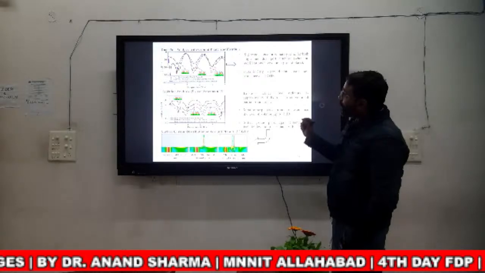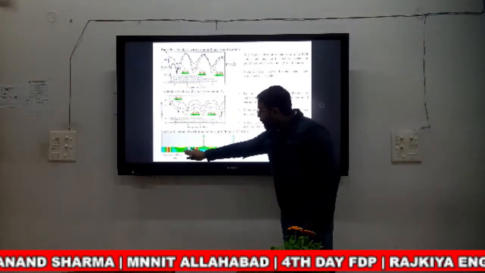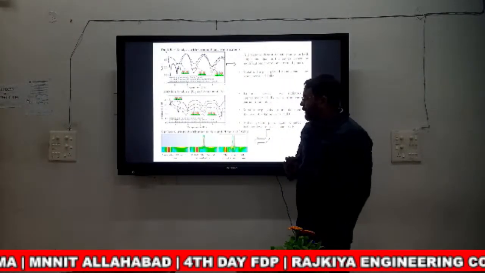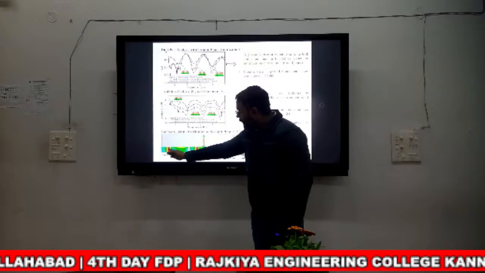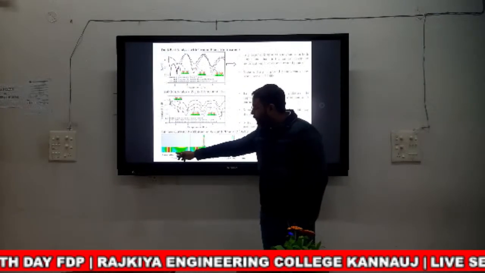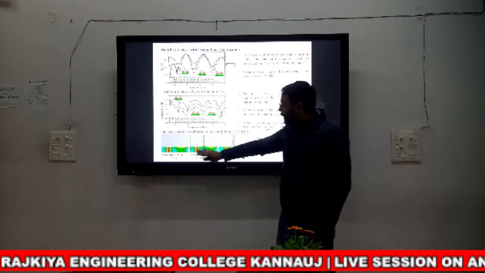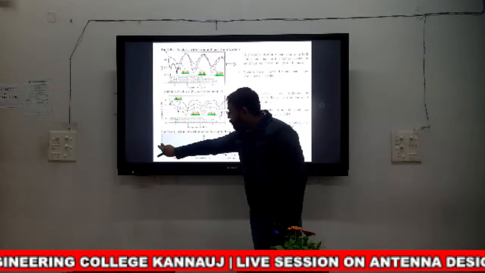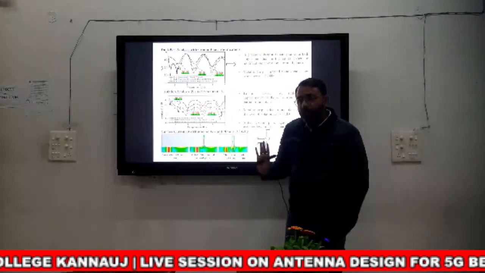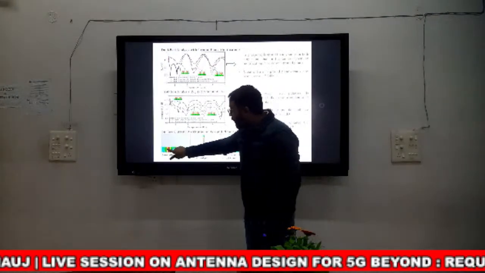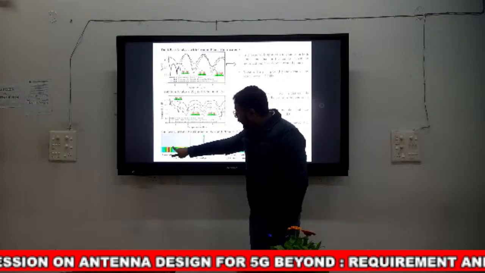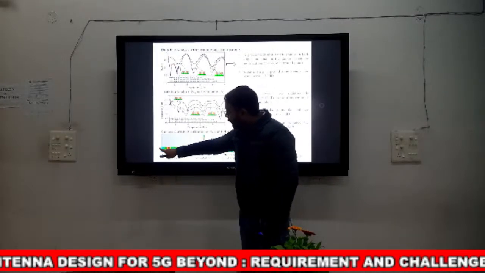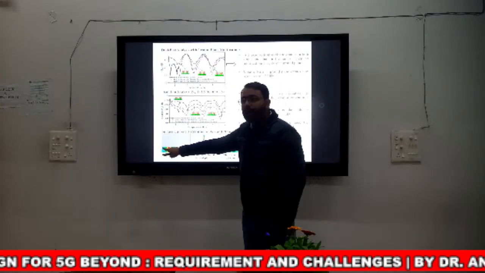If you see carefully here, I have put three surface current distributions. One port is excited, and the other port is terminated with a matched load. Initially, with a conventional ground plane, the surface current is distributed over the entire ground plane.